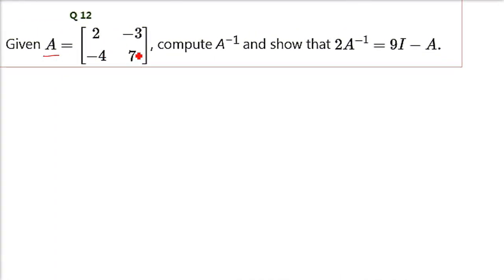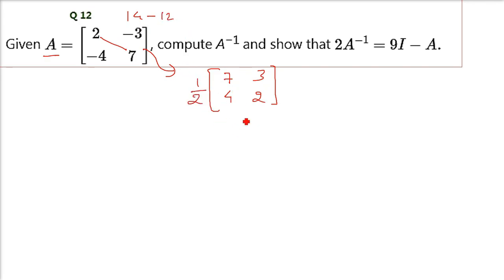Next one is, A is given, find A inverse, show that this thing holds. So A inverse, let me just do it. 7 and 2 you have to exchange, and you have to change the sign of 4 and 3. So it is 3, it is 4. Now divide by the determinant of A, it's going to be 7 into 2 is 14 minus 3 into 4 is 12. So it is going to be 1 by 2.